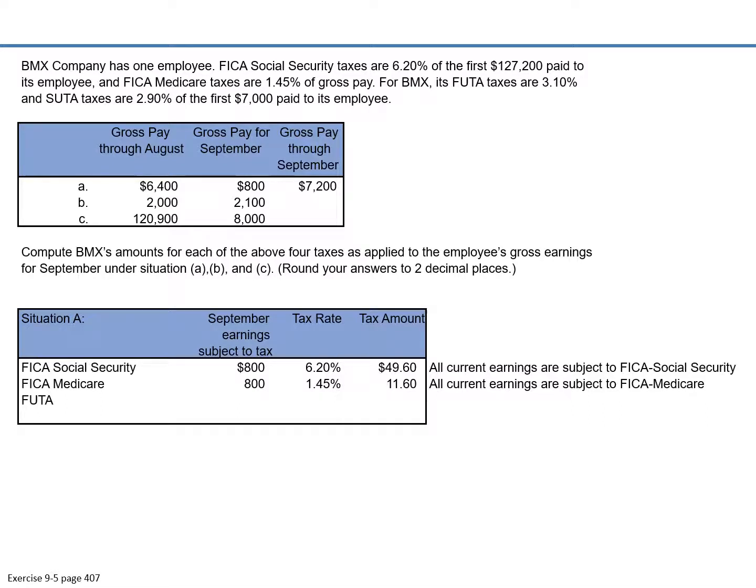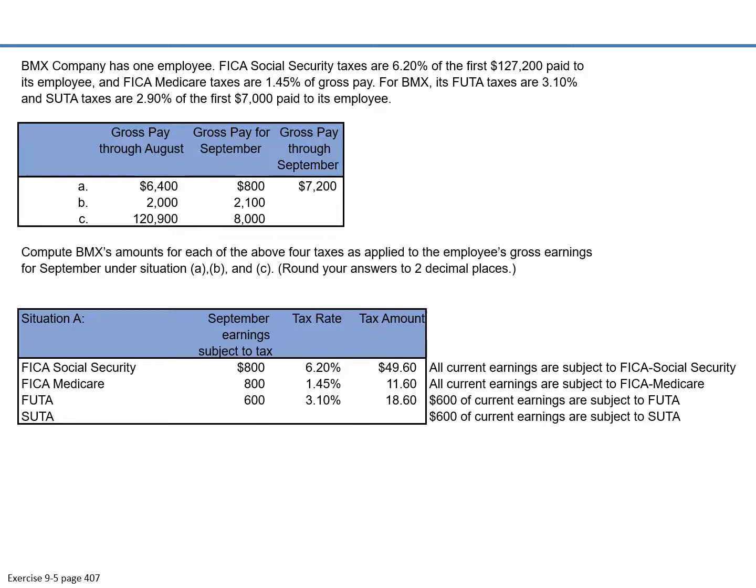And we have FUTA, which they tell us is 3.1% of the first 7,000. So 6,400 plus 800 is greater than 7,000. So you only need $600 in September to reach that $7,000 threshold because they paid 6,400 through August. So you only have $600 that are subject to it. So that's $600 times 3.1%, which is $18.60.